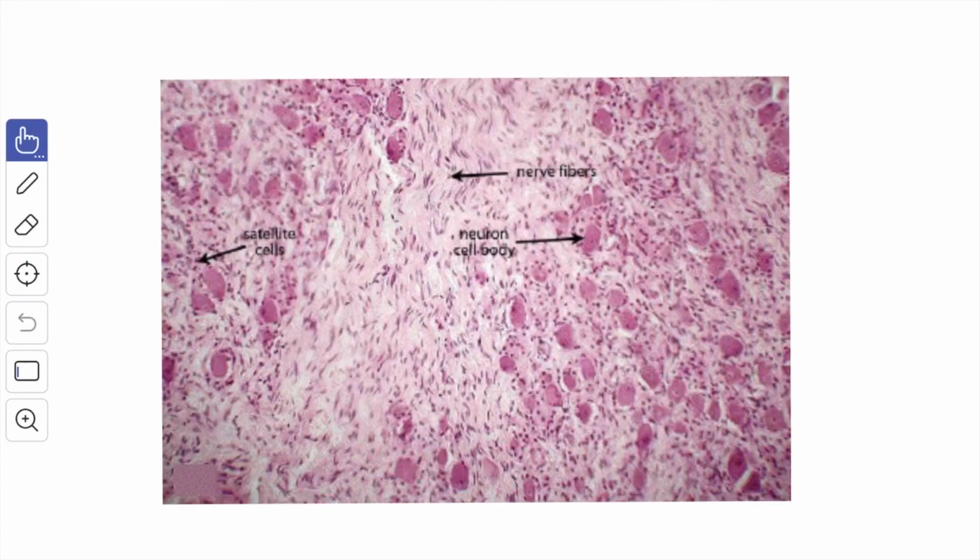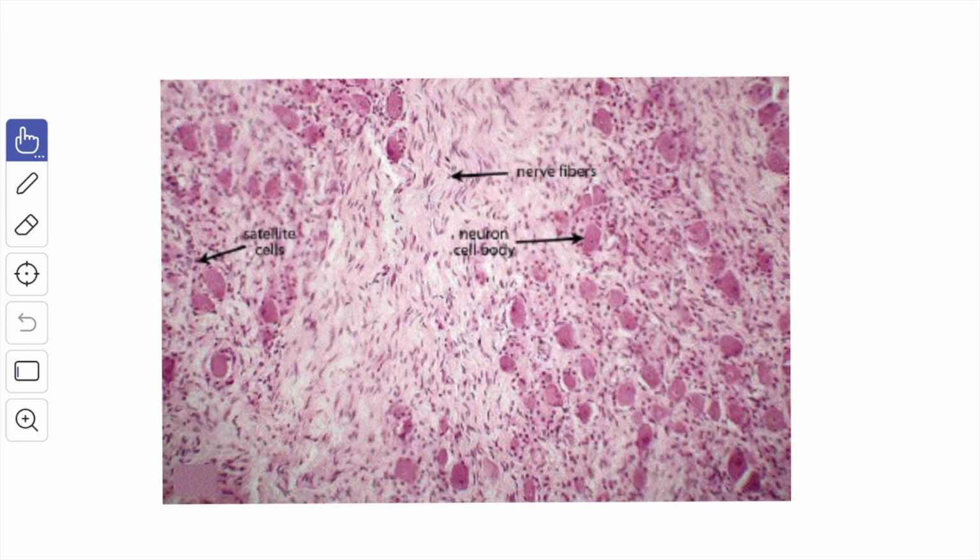Next we'll study the autonomic ganglia. The autonomic ganglia are concerned with the nerve supply of smooth muscles or glands. The pathway of the autonomic supply always consists of two groups of neurons: the preganglionic neuron and the postganglionic neuron.